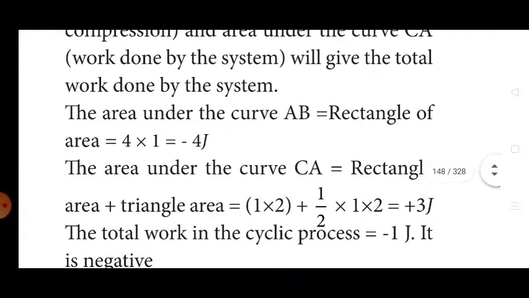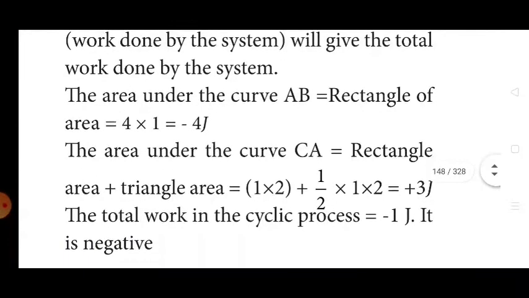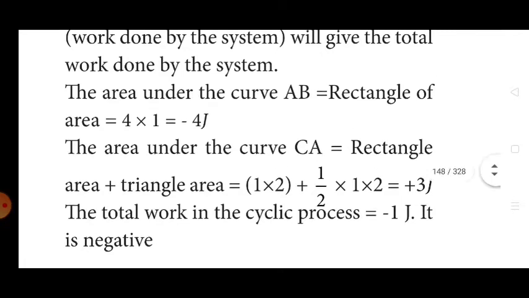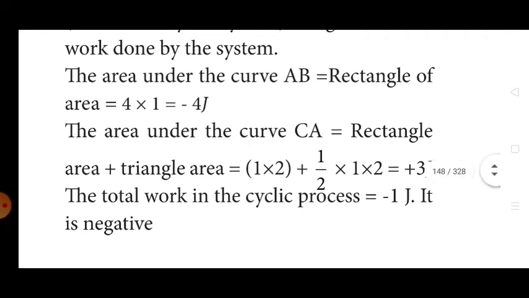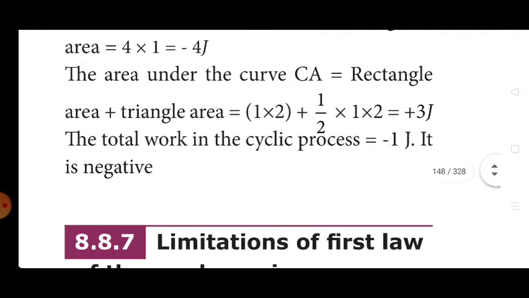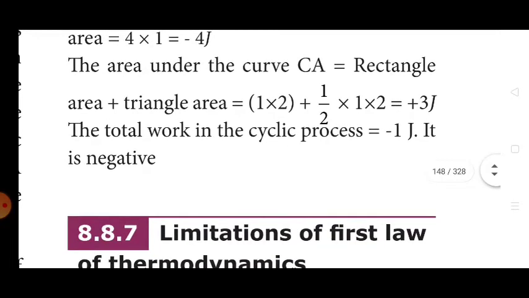The area under the curve AB is equal to the rectangle area, which is 1 into 4, which is minus 4 joule. The area under the curve CA is the rectangle area plus triangle area. So the total work done in the cyclic process is equal to minus 1 joule. It is negative.